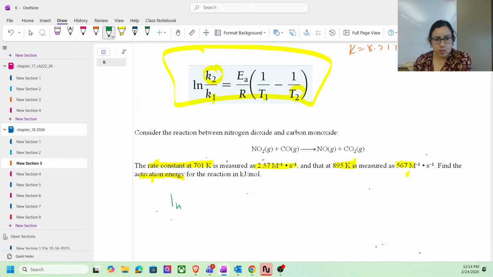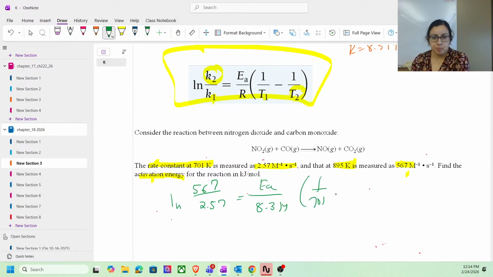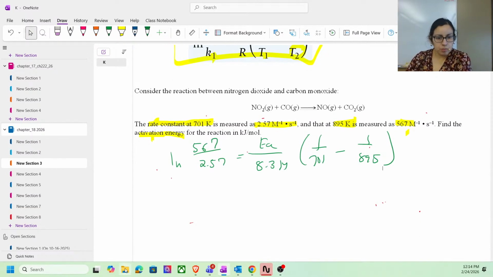And again, this is natural log, so k2 over k1, just make sure, okay, big number, is equal to, solving for Ea, 8.314. Oh, sorry, I need to get my calculator.